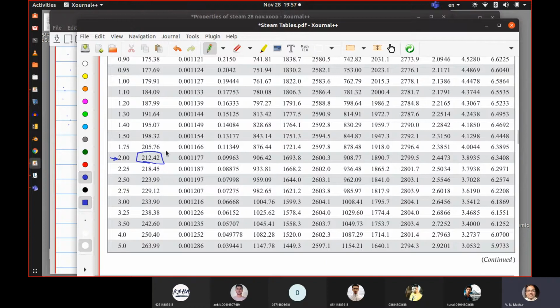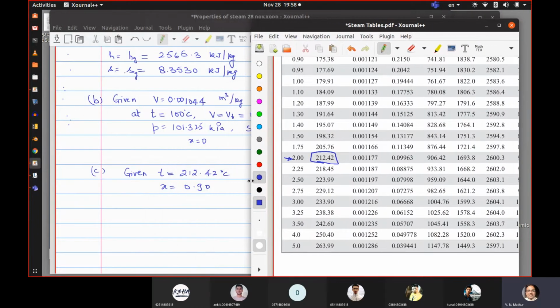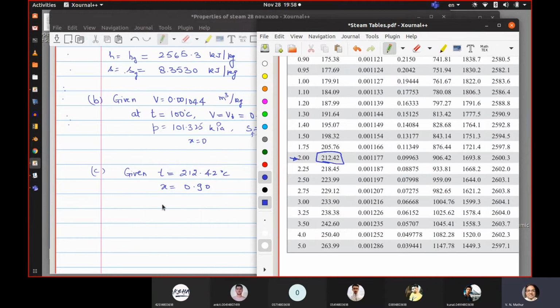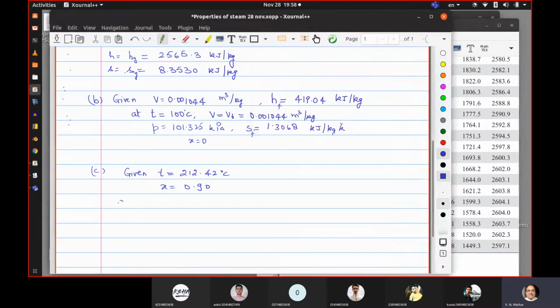And we'll have to use these values since the dryness fraction is given. So these values are at 2 megapascal, and we can just read these values.